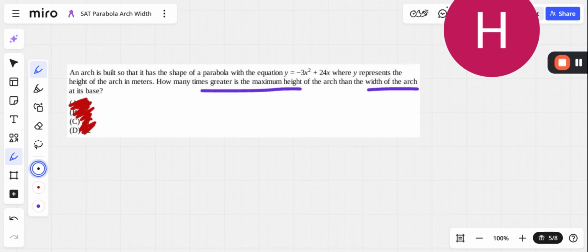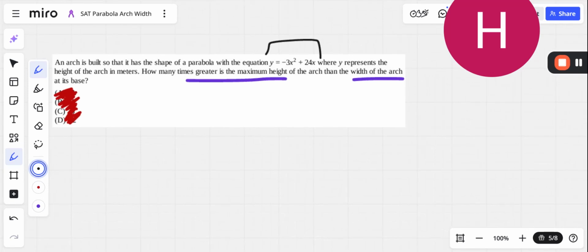Okay, so without further ado, we have a quadratic equation, of course, whose graph is the shape of a parabola. And I think we're supposed to assume, on the SAT, you need to assume things once in a while, that the width of the arch is referring to the width along the x-axis.